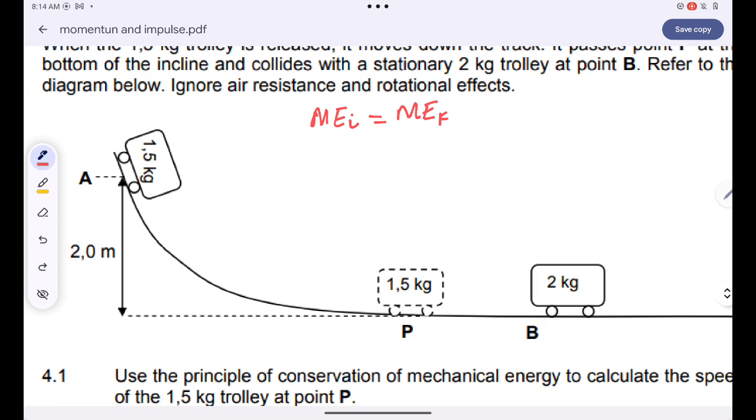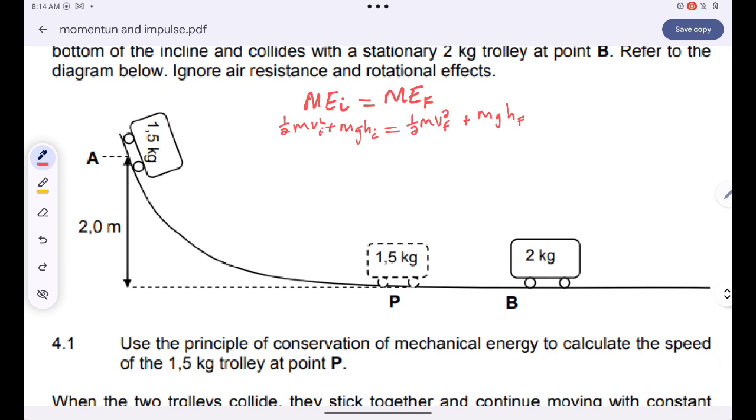Are you together? But mechanical energy is kinetic energy plus potential energy. So this is initial kinetic energy and initial potential energy, equals half mv squared final kinetic energy and final potential energy.